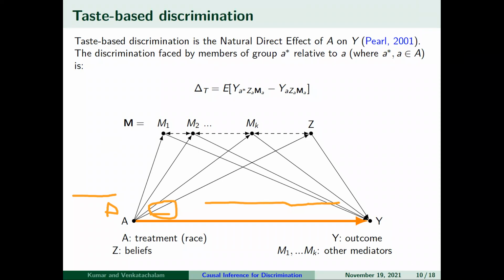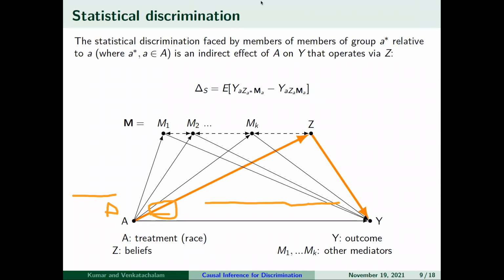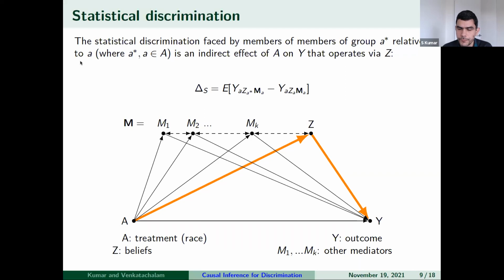Because I was wondering, what we see in the observed data is a sum of the two, and by jacking up the M, you are trying to see when only a component of the discrimination, mainly the statistical part, would be equal to the observed. But when statistical discrimination is so high, your model is saying taste-based discrimination is in the other direction. It's negative.